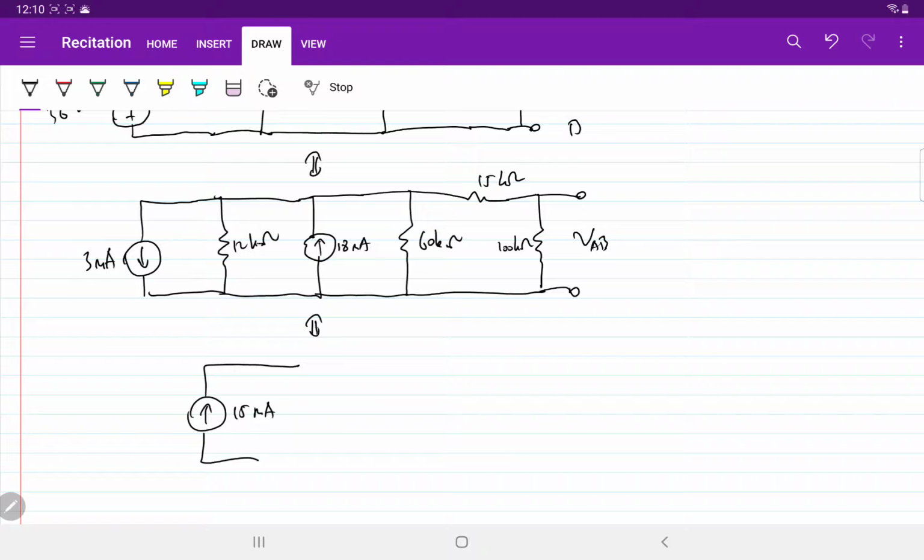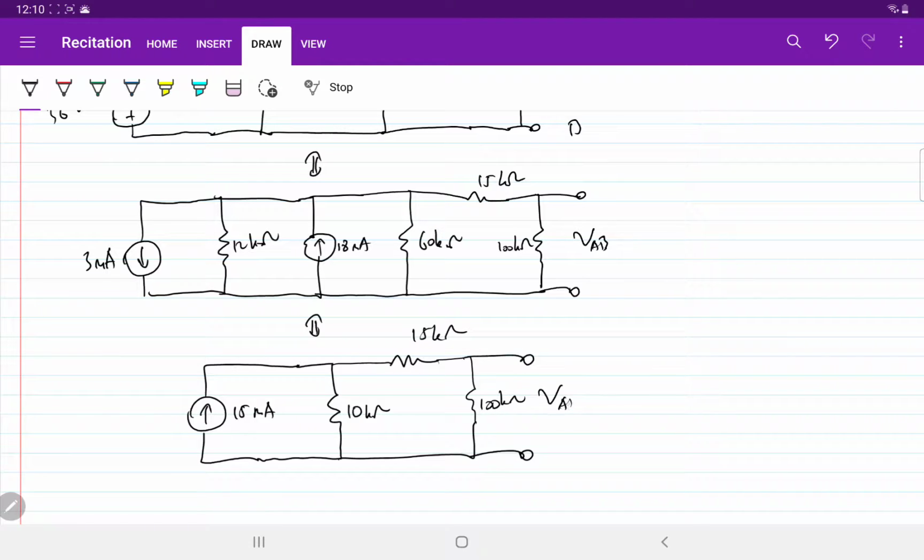And these two resistors are in parallel, so 12 parallel 60 is 10. You can compute that it's 10k actually, in series with 15k and 100k, VAB.